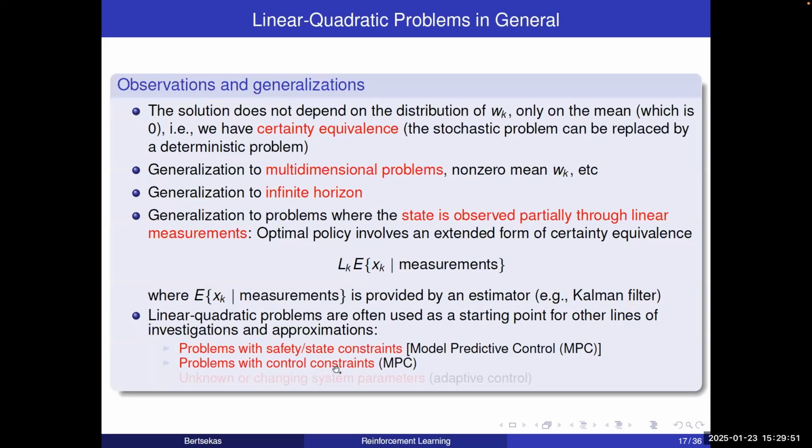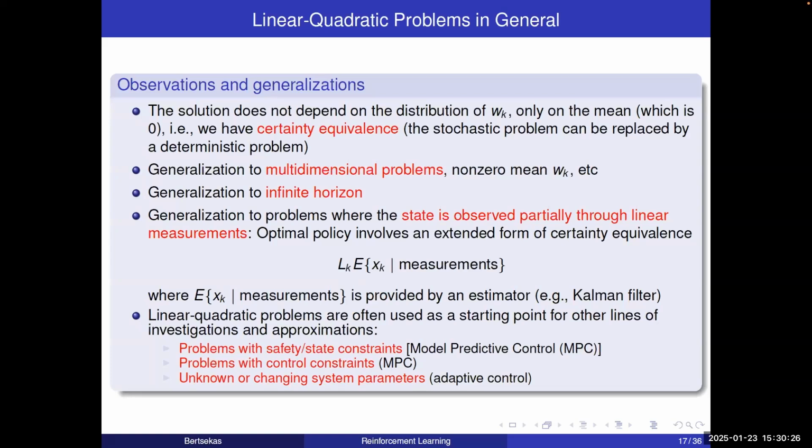Also, problems with control constraints sometimes are approximated with unconstrained problems, where the quadratic penalty is used as a substitute for constraints. Then linear quadratic problems are also used in contexts where the coefficients of the system, the A's and B's, are either not known exactly or are changing over time because the environment changes.